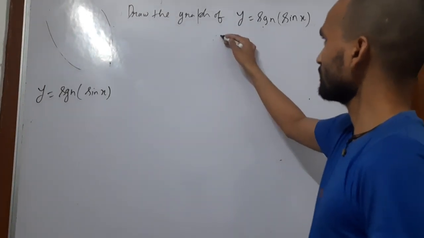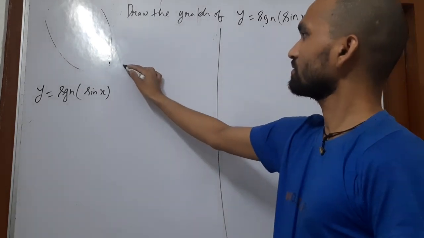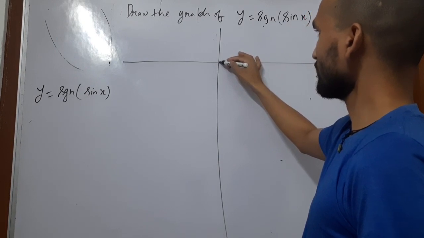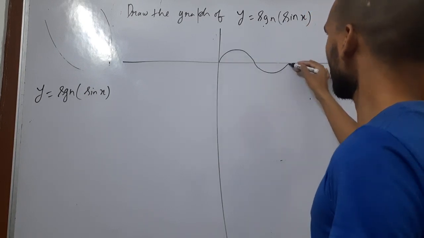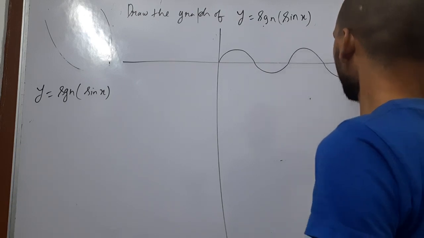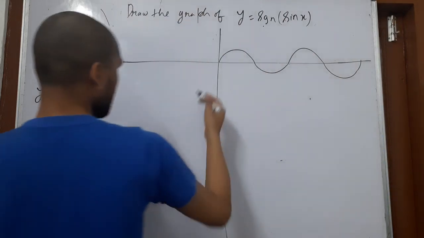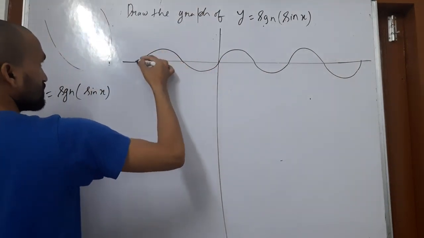So we should draw the graph of sin x. That is this graph. This is the graph, and on the negative x-axis it will be of this type.